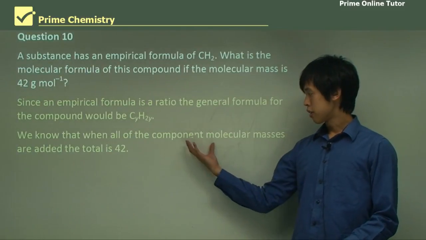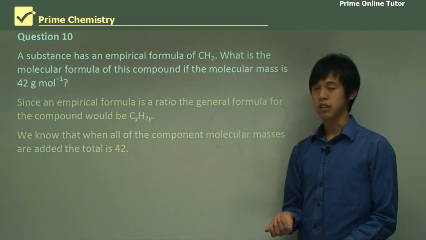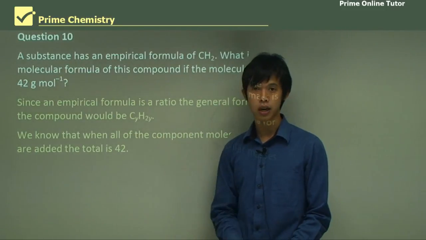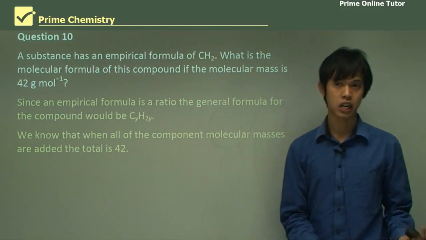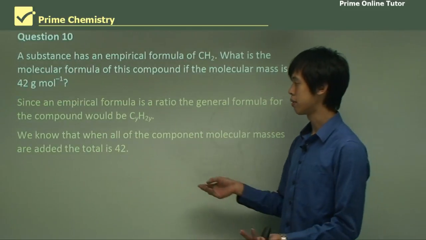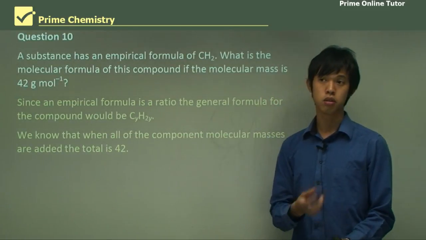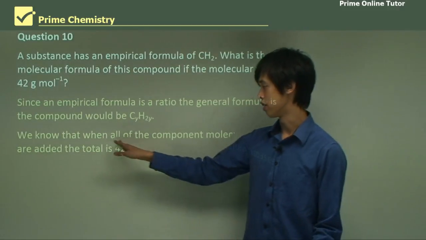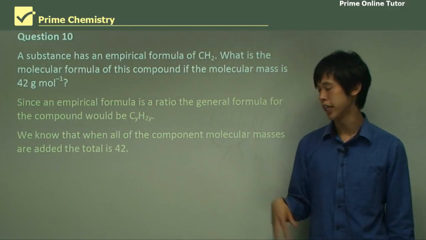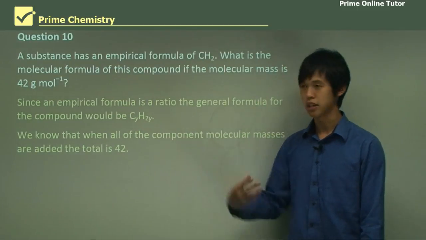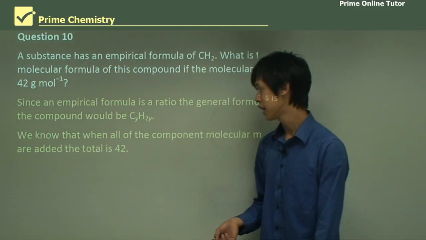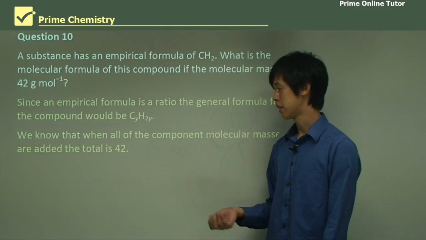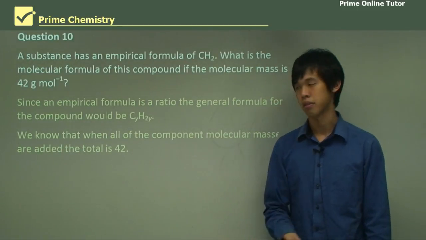We know that all of the component molecular masses add to equal 42. The molecular mass of a single carbon atom times y carbon atoms, plus the molecular mass of a hydrogen atom times 2y hydrogen atoms, added together will give 42. So we get 12.01 times y plus 1.008 times 2y equals 42.